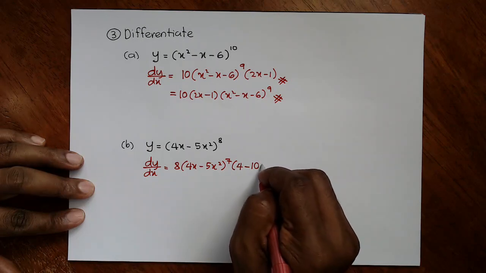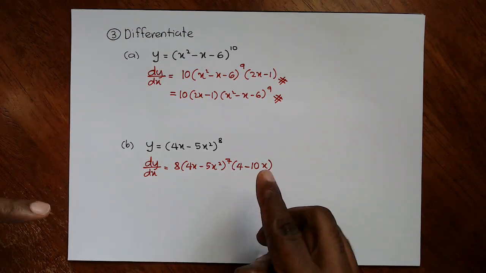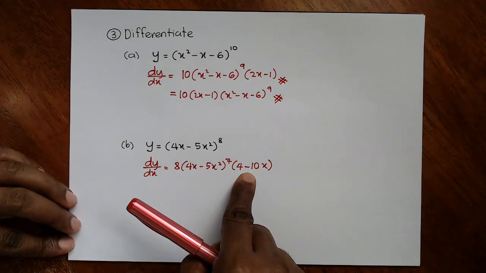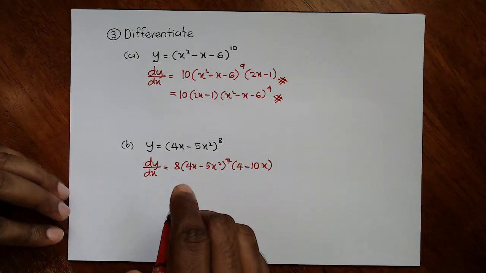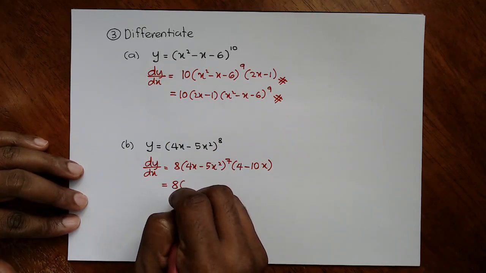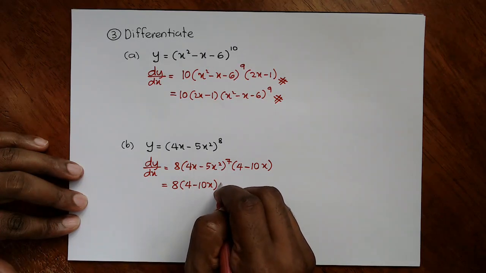The differentiation of the inside is 4 minus 10x. So okay, we can rearrange like what we did just now, so it becomes 8(4 minus 10x) and then (4x minus 5x squared) to the power of 7.